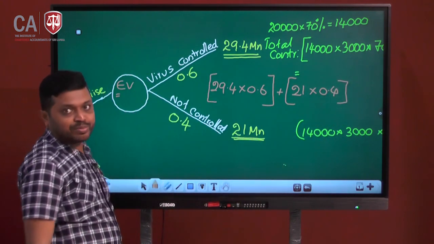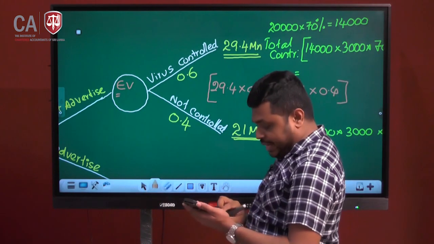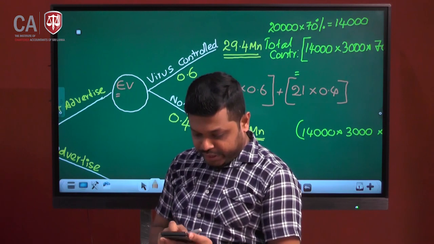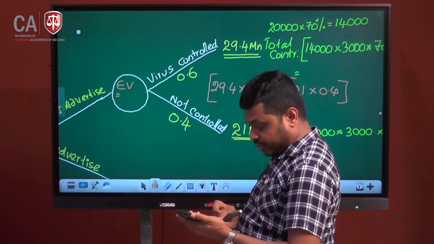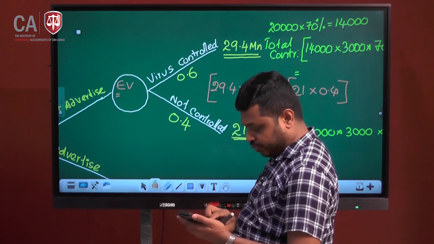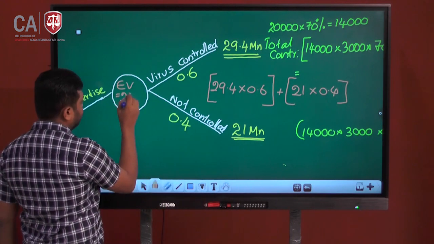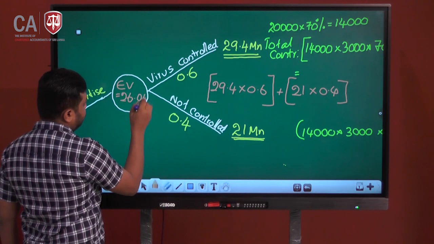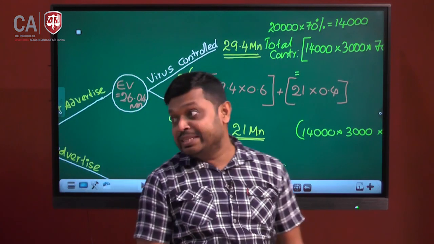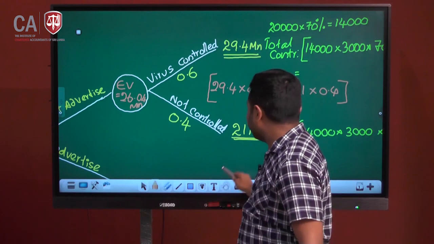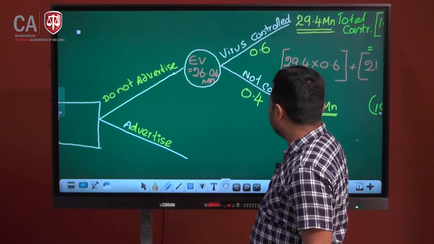Expected value is 29.4 into 0.6 plus 21 into 0.4, which is 26.04. 26.04 million is the expected value if you decide to continue with your current arrangement and do not advertise.